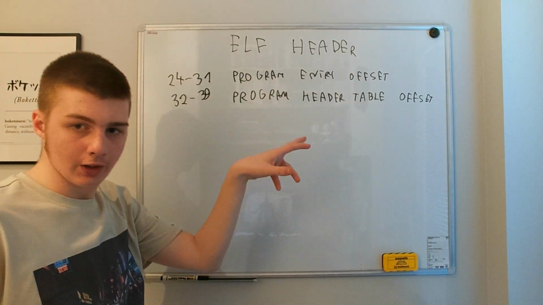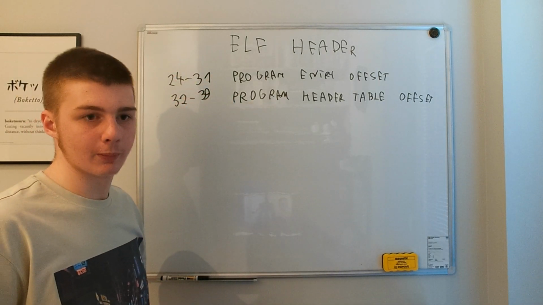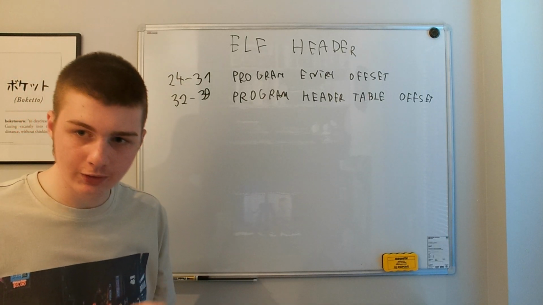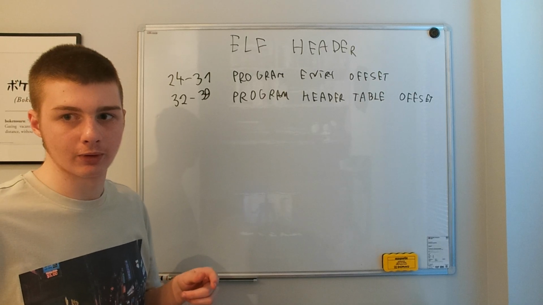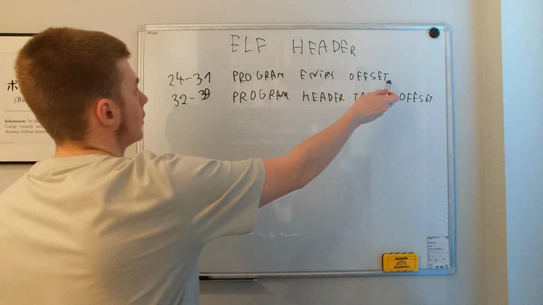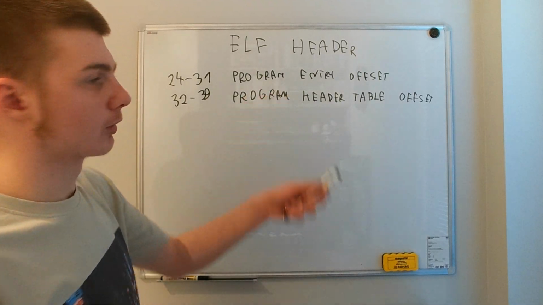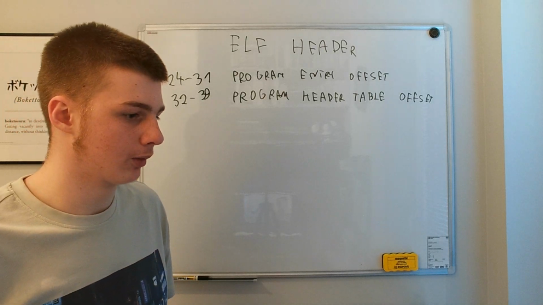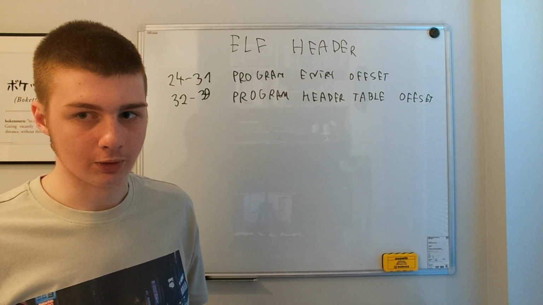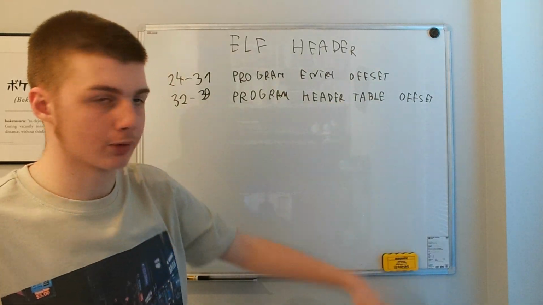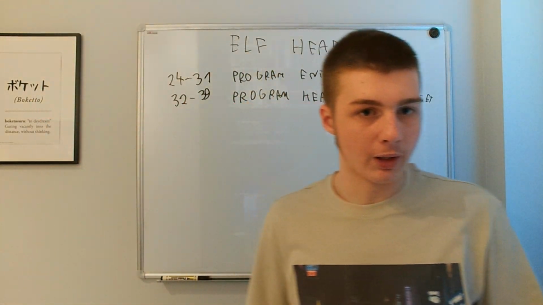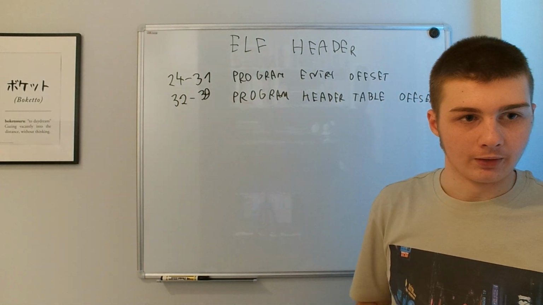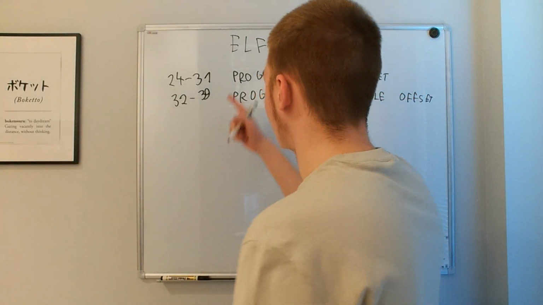It will contain different information about what should be loaded, where it should be loaded, and once all the sections are properly managed, then we can jump to the previously specified program entry offset. And this is fundamentally how ELF is going to work, right? So we're going to iterate through this program header table, manage all the sections defined in the program header table, and jump here.